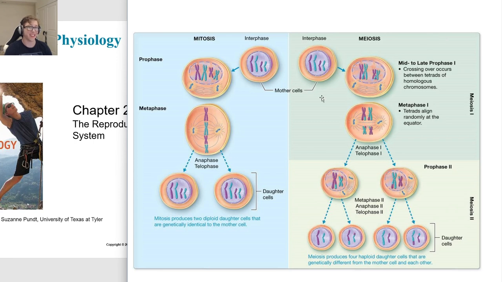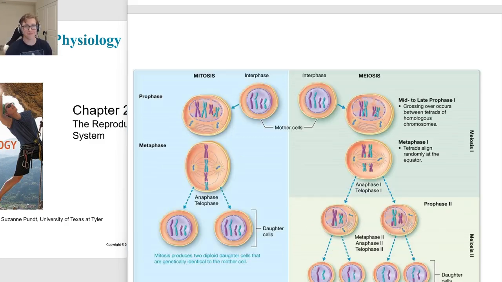Meiosis, only in gametes, and you create different daughter cells. They are not identical, and instead of having 46 chromosomes, if it's a human and that's average, it has 23. This is because you have to take a gamete plus a gamete. Gamete, gamete, zygote.